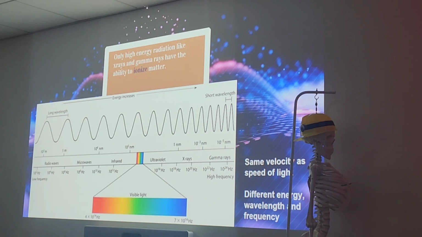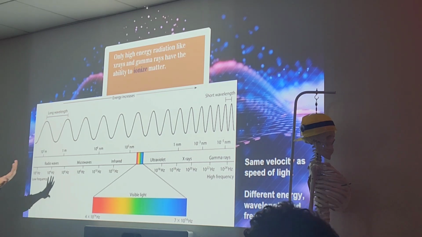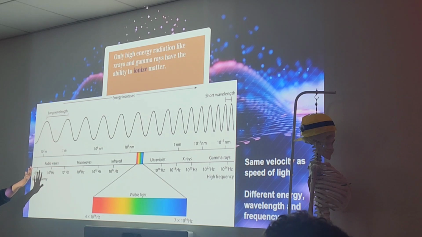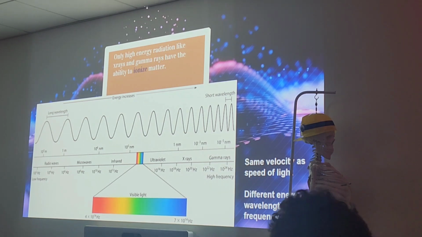The important thing to understand is that all of these different waves have the same velocity as the speed of light. So they're all similar in that way. But where they differ is that they have different energies, different wavelengths, and different frequencies. What's the symbol for frequency again?